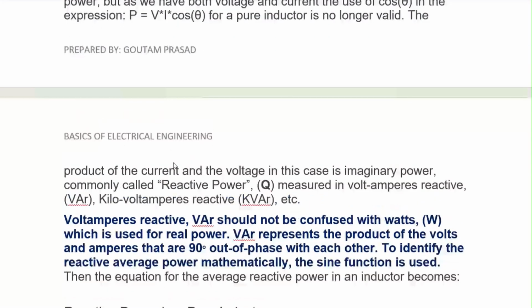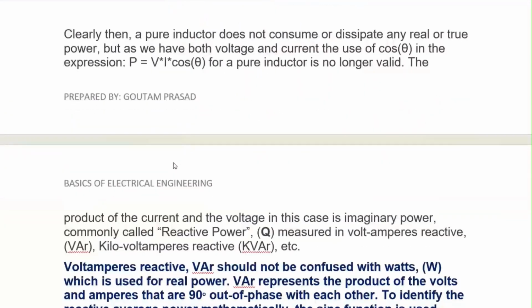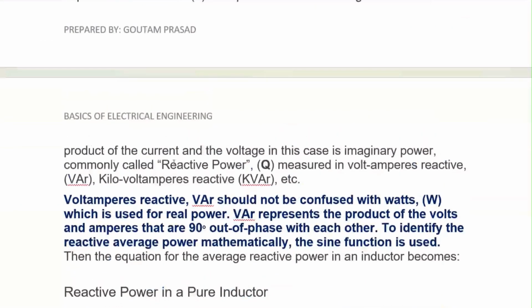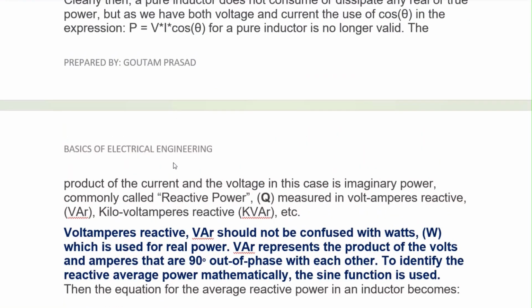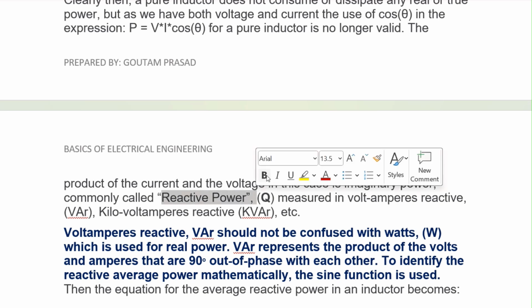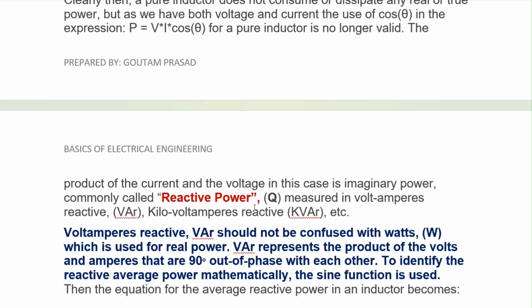First of all, it is in volt ampere, to show that it is a power, but it is zero, so what is its value? It is represented in terms of reactive power. So what is reactive power? Reactive power is that amount of power which is present in the inductive circuit, but its effect is not visible.